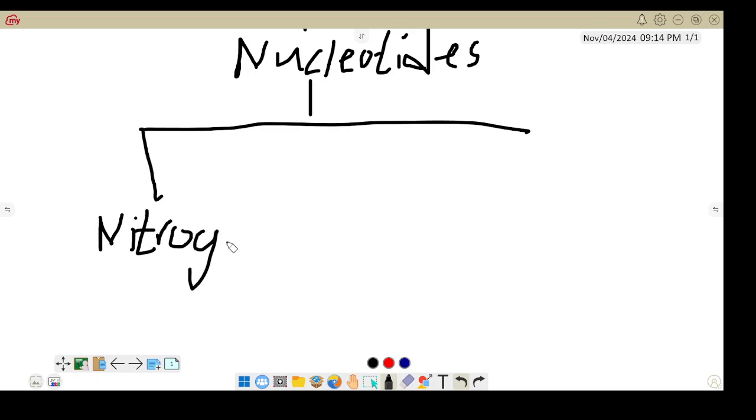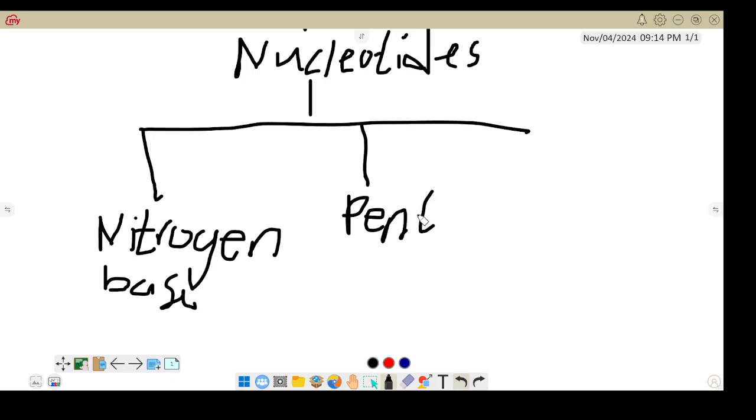You can finish it up and say nitrogenous. So we have a nitrogen base, and then under nucleotides we also have a pentose sugar.